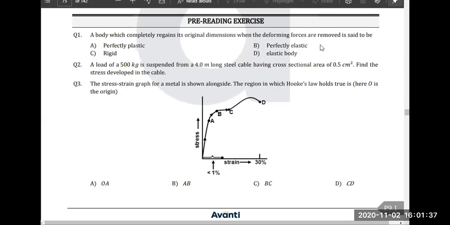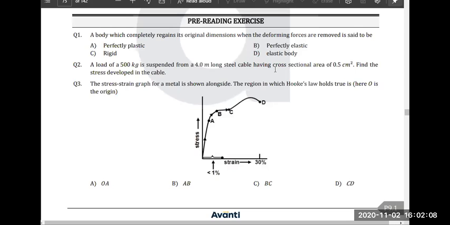Tell me. What's the answer of question number 1, everyone? Yes, Simba. Very good, right? By definition, it is perfectly elastic.